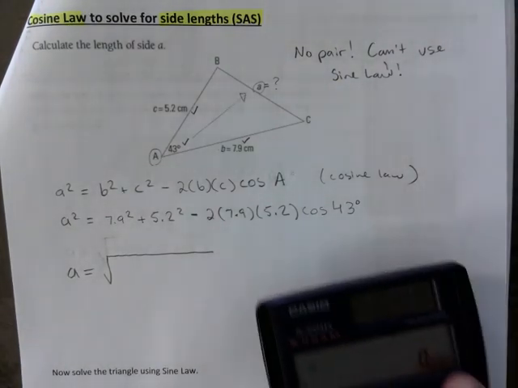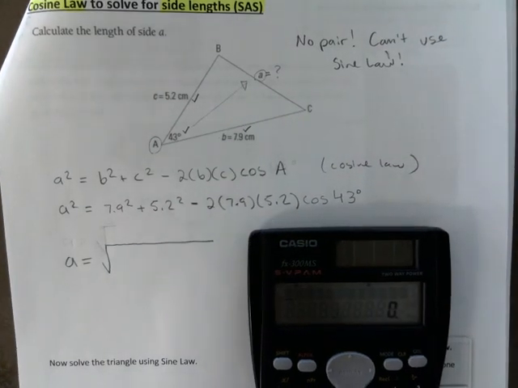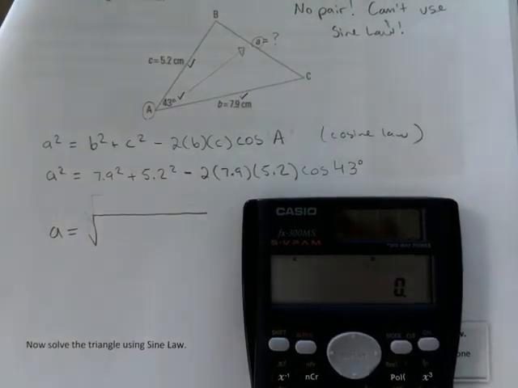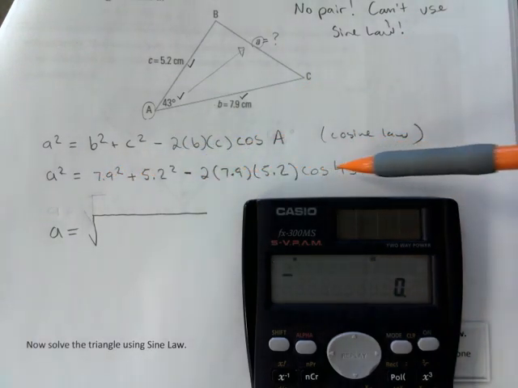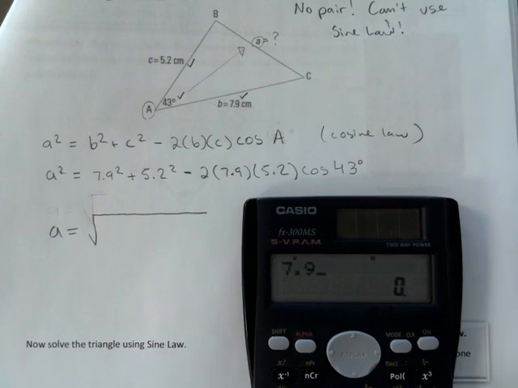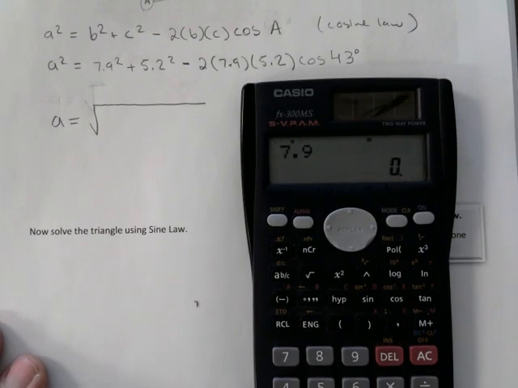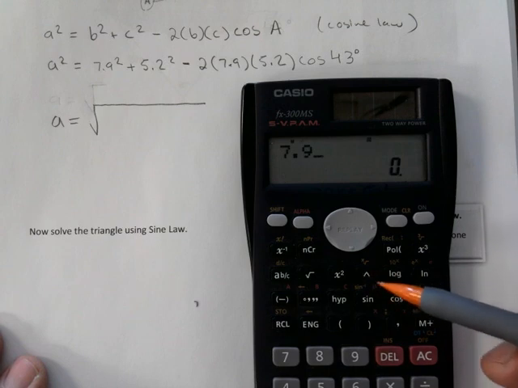Grab your calculators. If you have a pretty decent calculator, you're able to type this all in one shot and it will be correct. So watch how I do it. 7.9, I have an x squared button. If you don't, you should have a little hat, or a y to the x button.